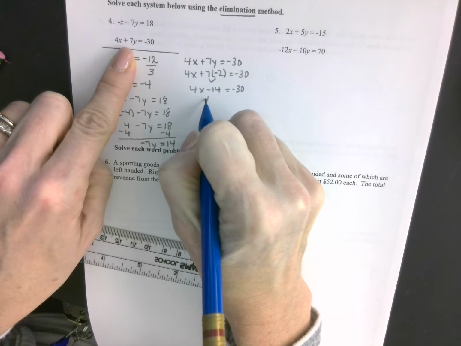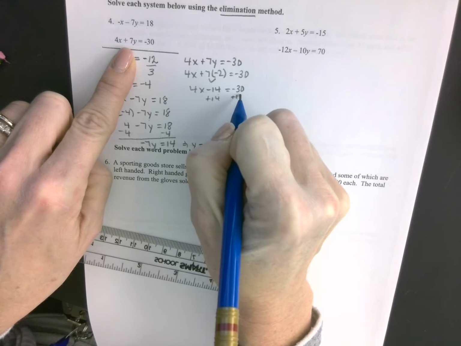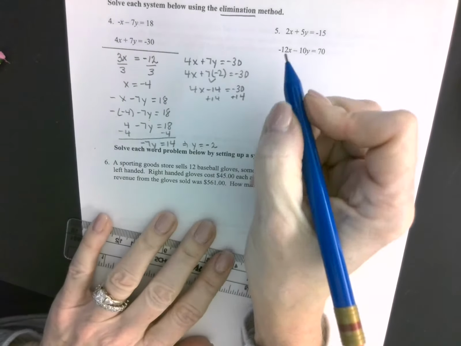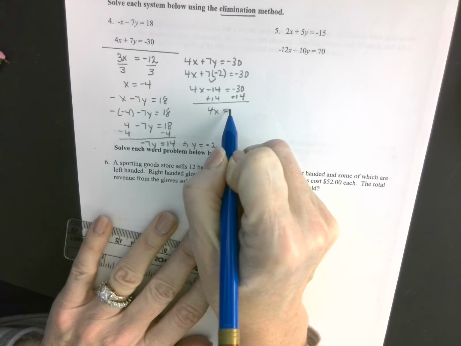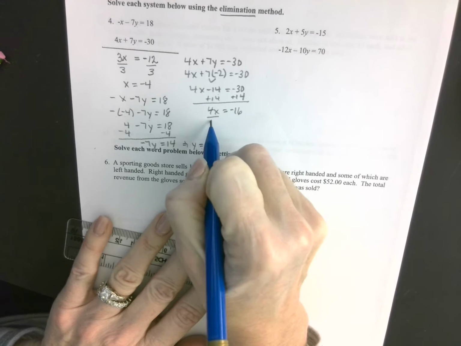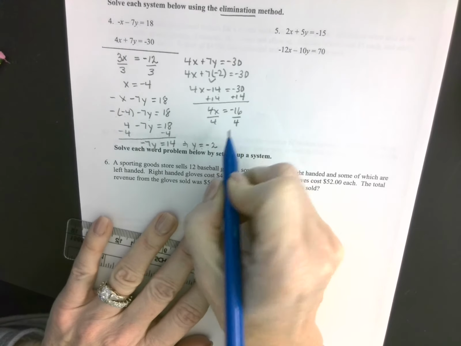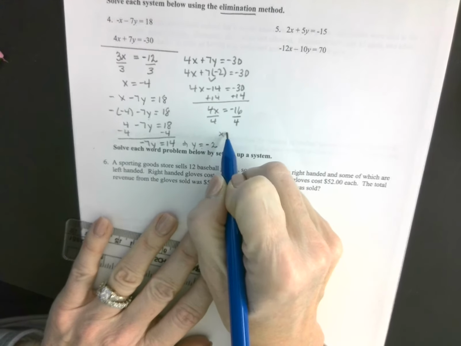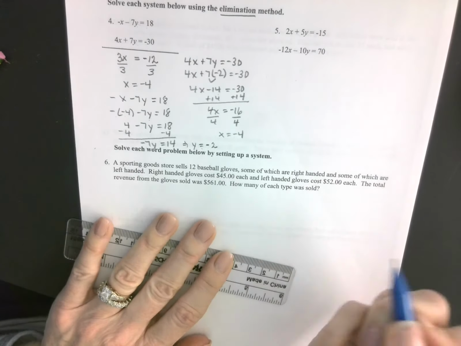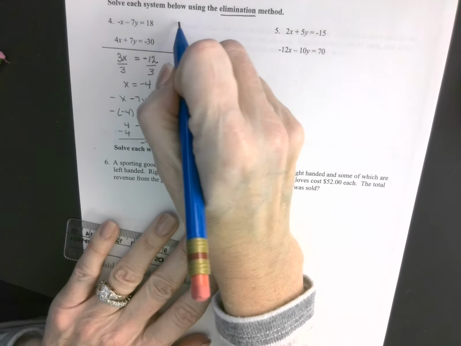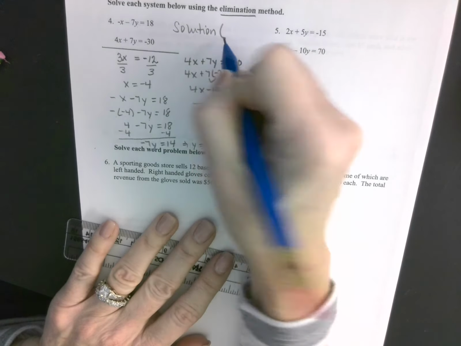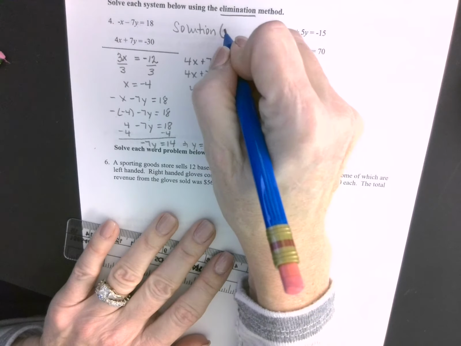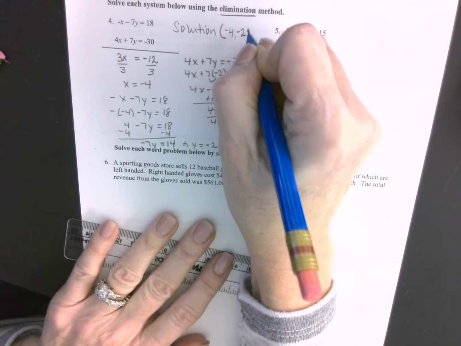Add 14 to both sides. We get 4x is equal to negative 16. Divide both sides by 4, and we get x equals negative 4. So the solution to this system is negative 4, negative 2.